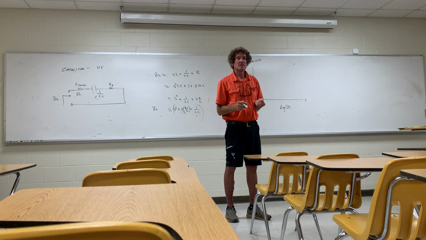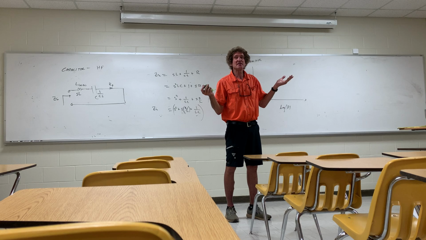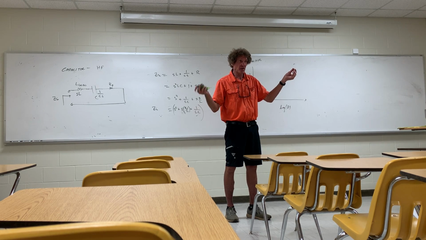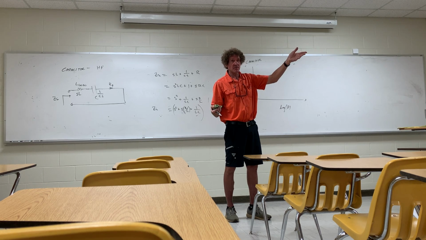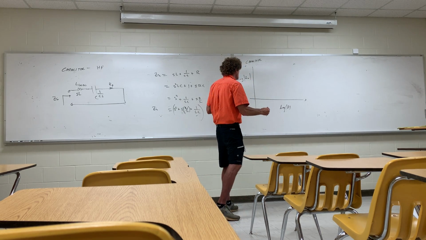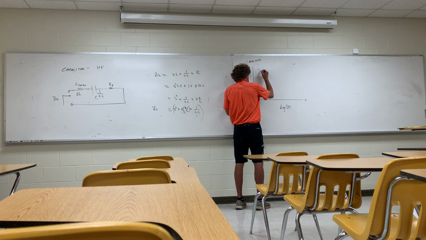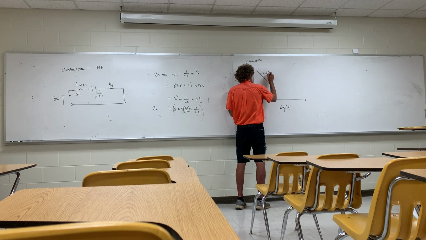It's 1 over CS, right? It goes to infinity as S goes to 0, and S is j omega. As frequency goes to 0, 1 over 0 is infinite, right? It's coming in from infinity, coming down at a rate of minus 20 dB per decade.